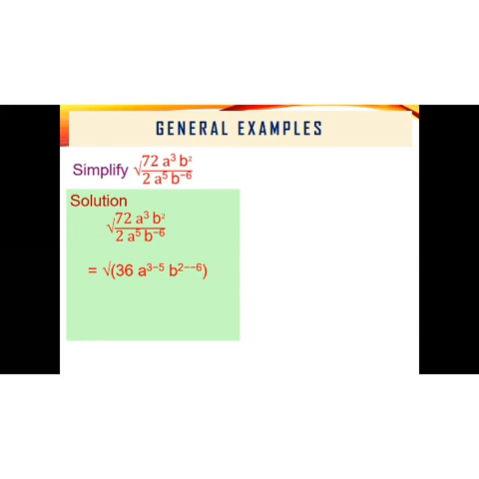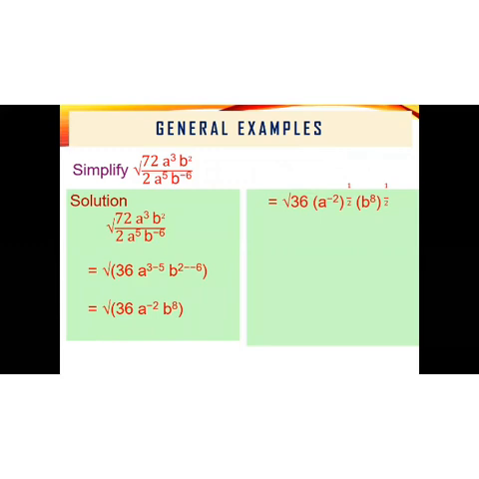So that should be b raised to the power of 2 minus minus 6. So that gives us square root of 36 a raised to the power minus 2. 3 minus 5 is minus 2. 2 plus 6 is 8. So that gives us a raised to the power minus 2, b raised to the power of 8. Okay, now let's take the square root into consideration now.